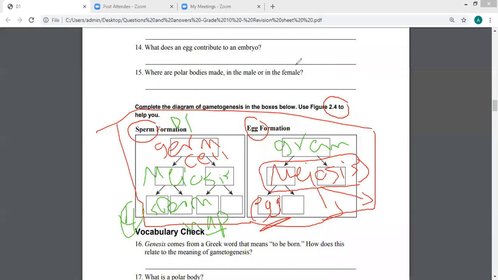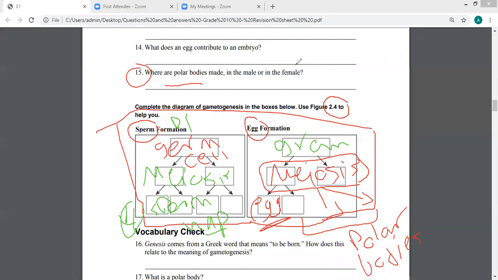And the result, the other three will be polar bodies. So each meiosis in the ovaries produces four cells, one of them stays as an egg, and the others will be polar bodies. So, number 15 asks about the meaning of polar bodies.